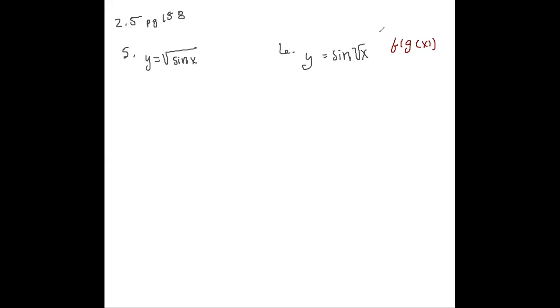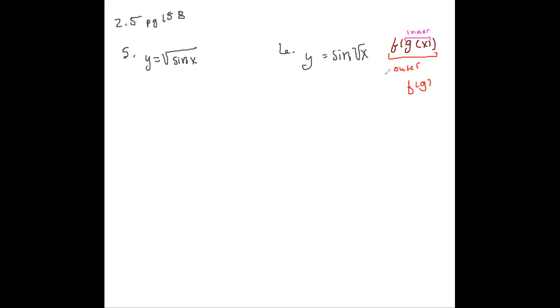So our outer function is our f. Our inner function is our g. And our inner function is always going to be a function of x, which is our original variable. The outer function we can think about as a function of g. So here I have the function f of g.